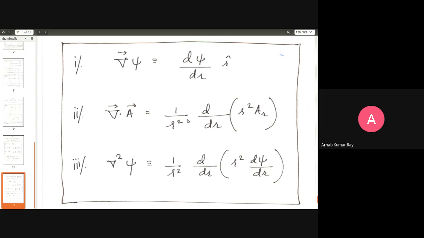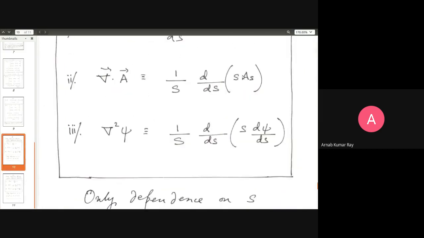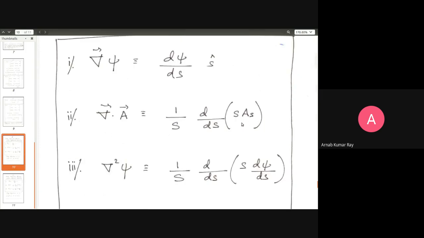So you have these two things. Why am I drawing your attention? Notice the square power here, 2 and 2, 2 and 2. Whereas here it is the first power, 1 and 1, 1 and 1. Now I am asking you to think of the Cartesian system. Suppose you are dealing with a problem which has dependence on only one coordinate, say x, just like here you have dependence only on s and r.